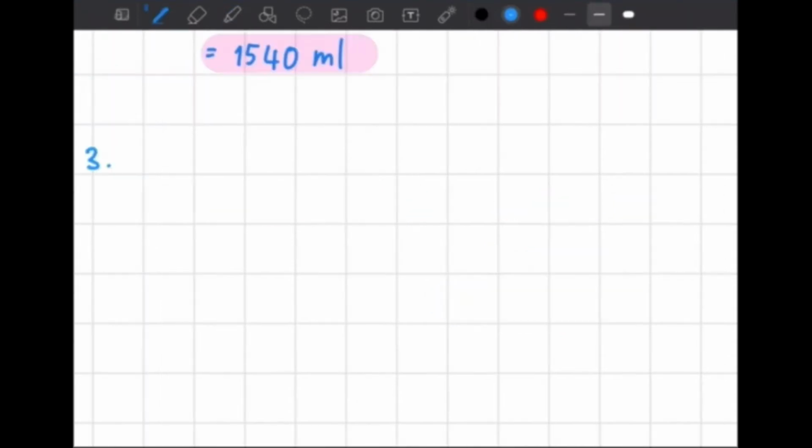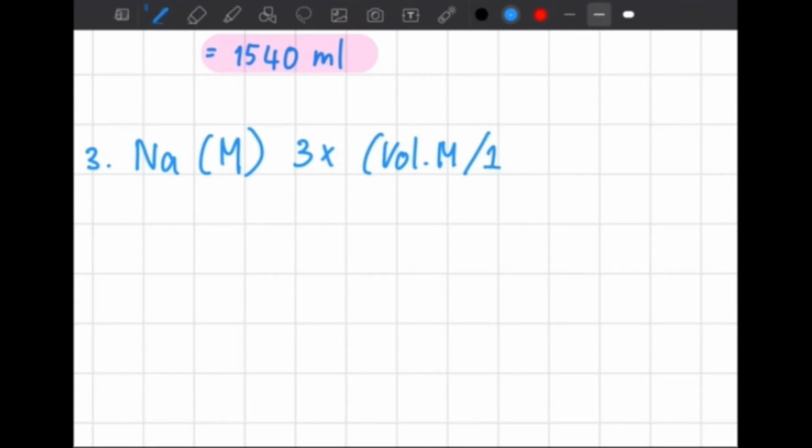The third value we're going to talk about is the sodium maintenance. The sodium maintenance formula, if you recall, is 3 multiplied by volume maintenance divided by 100. The volume maintenance that we found was 1,540, so that would be 3 multiplied by 1,540 divided by 100.